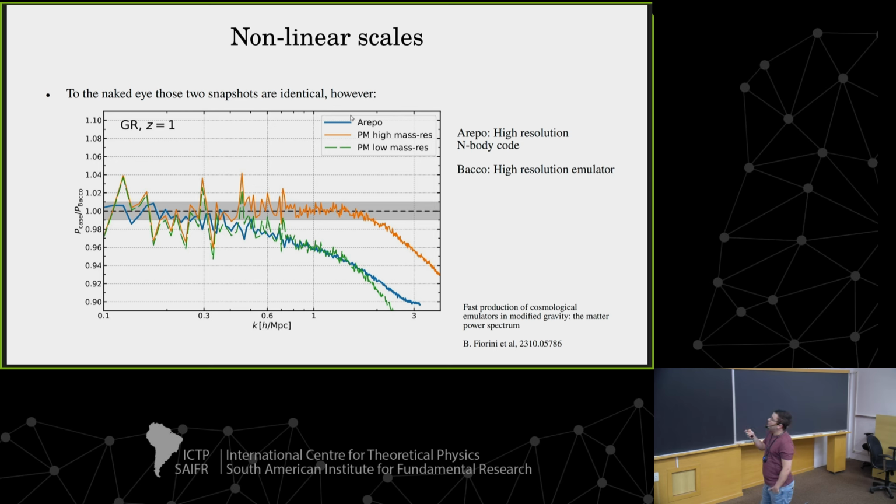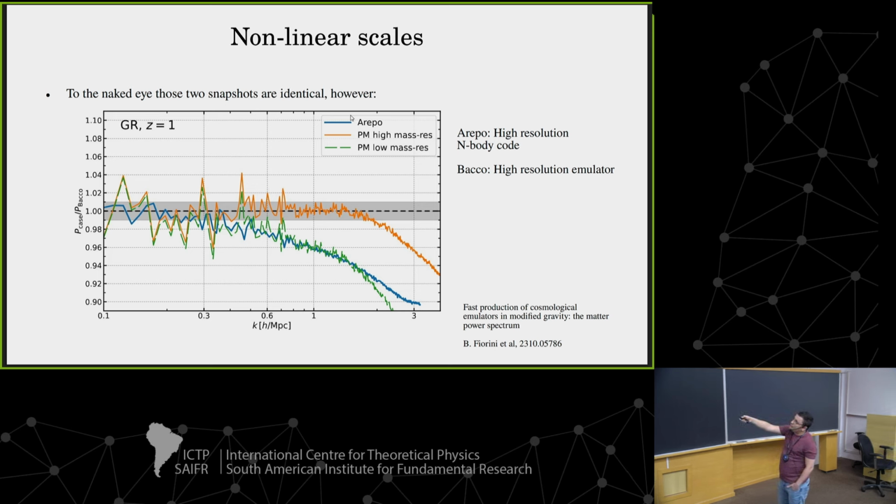And the one called AREPO. AREPO is, in terms of gravity, the same thing as Gadget, okay? They are just different in the subgrid physics, but in terms of gravity, they're the same thing. What I'm plotting here shows that the agreement between a particle mesh simulation and a very fancy code like AREPO depends basically only on the mass resolution.